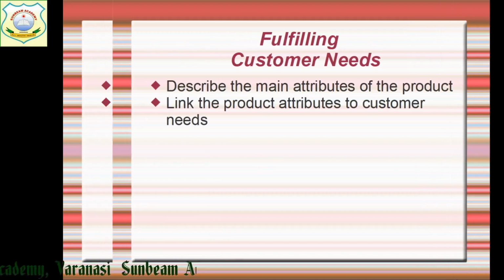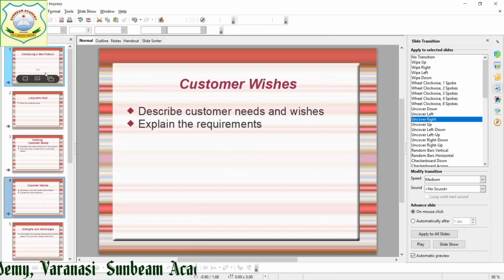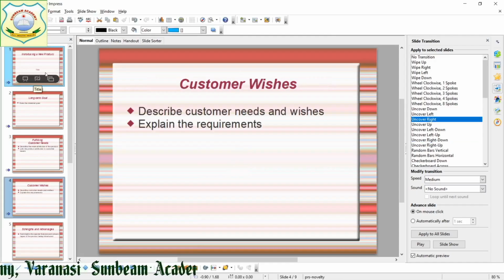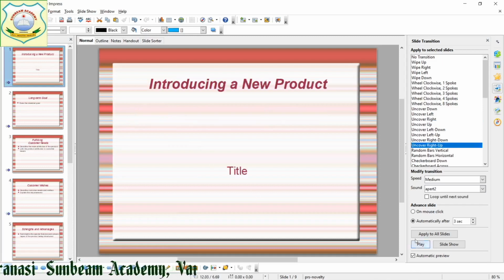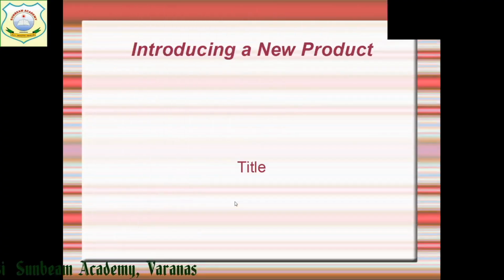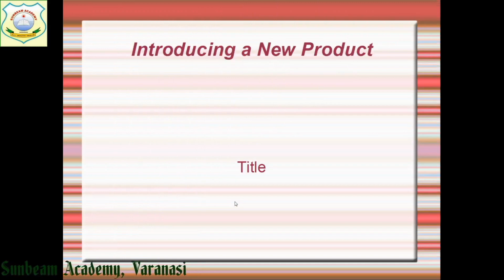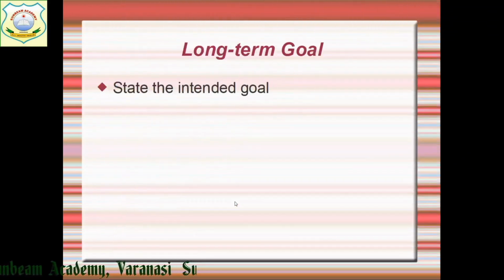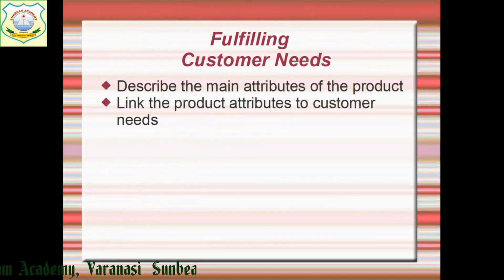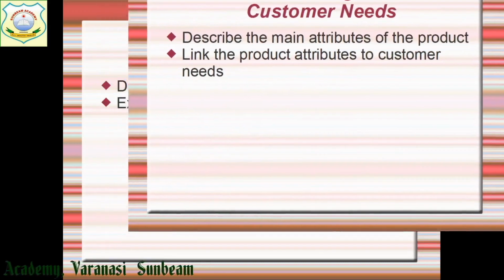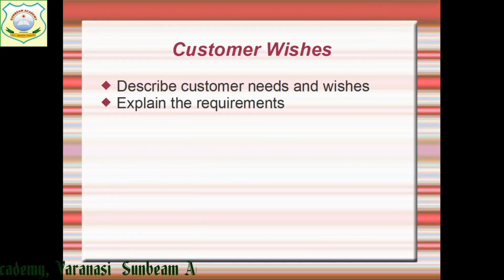But next, if we have not given the timing, it is not going to come. We have to use our space key or mouse, then it will come. If I use apply to all slides, you can see the same has been applied to all the slides. Whatever effect you take for the first slide will automatically come to the second one.